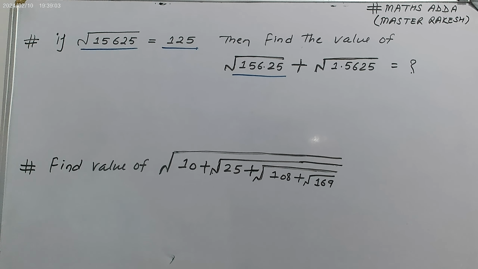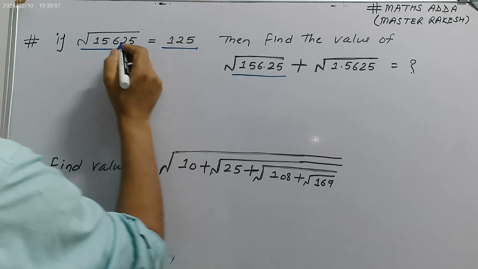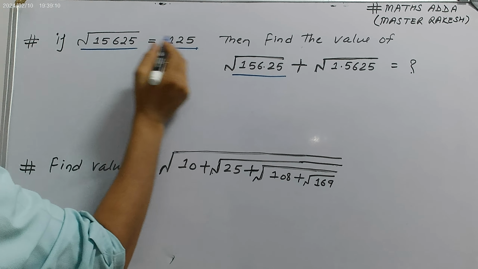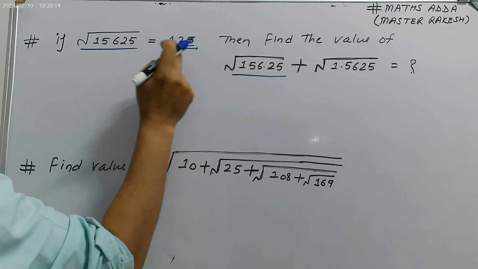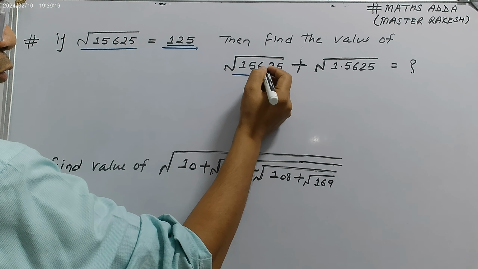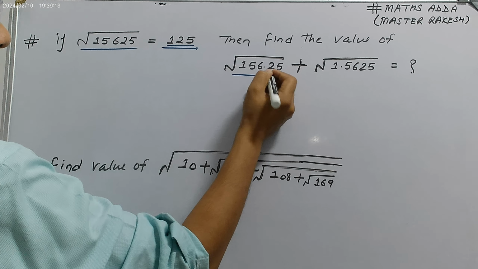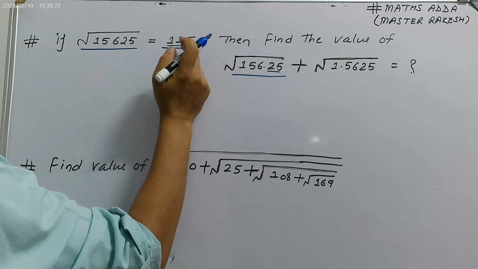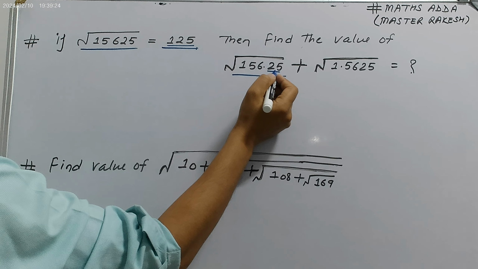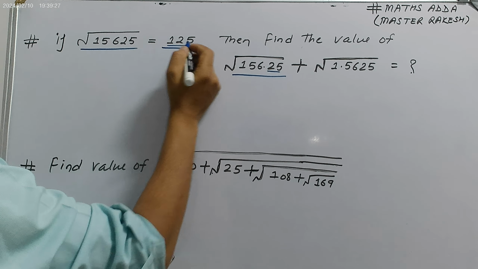So you see, the square root of 15625 equals 125. If there are two decimal places, it means there will be one decimal place in the root.